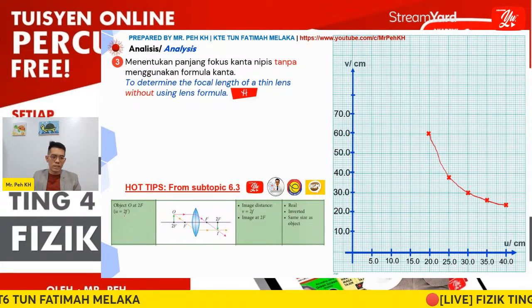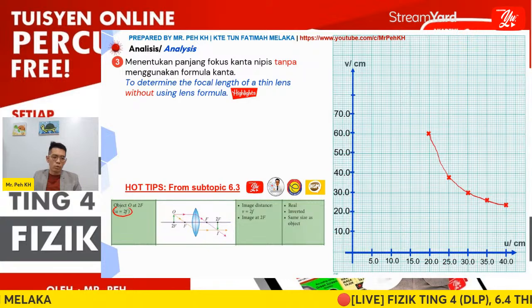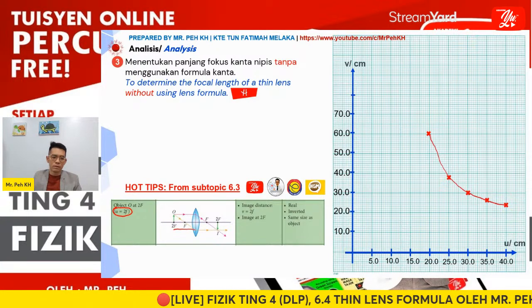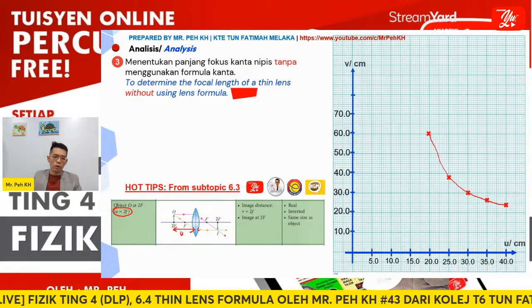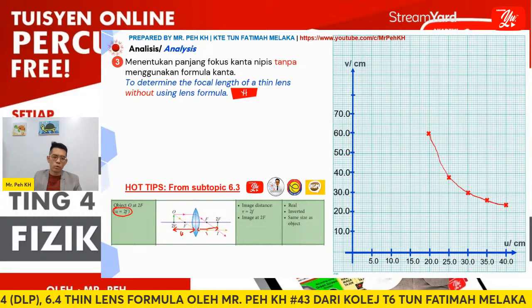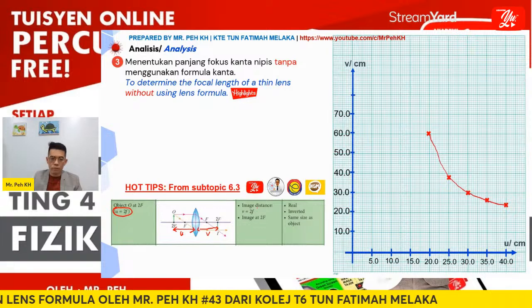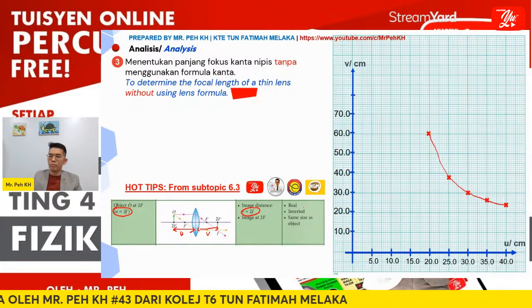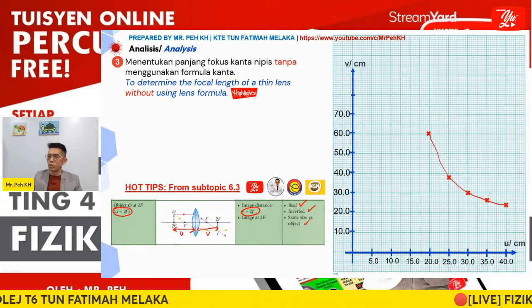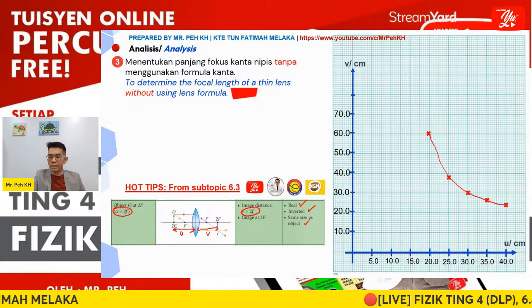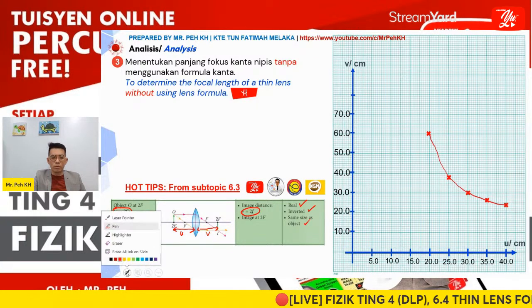Okay, so here you can see when u equals 2f, your v will also be 2f, where the image formed is real, inverted, and the same size. This is what you already learned in subtopic 6.3.